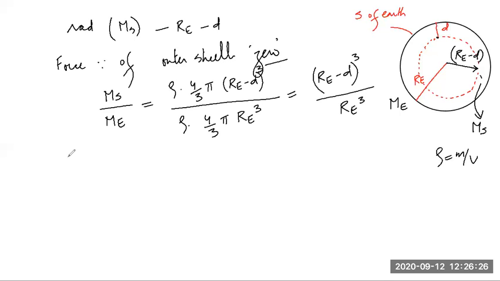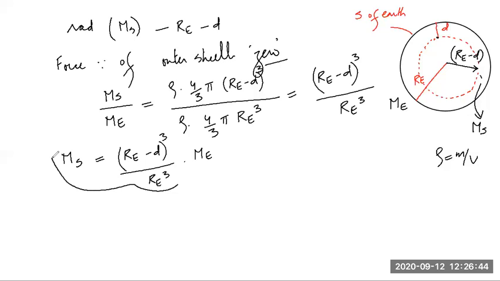So from this, I can say Ms is equal to Re minus d whole cube divided by Re whole cube into Me. All right, I'm going to use this.